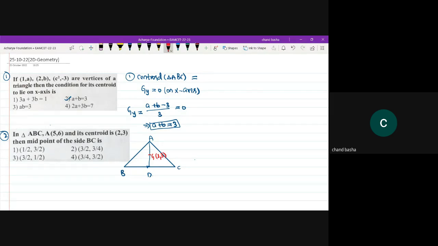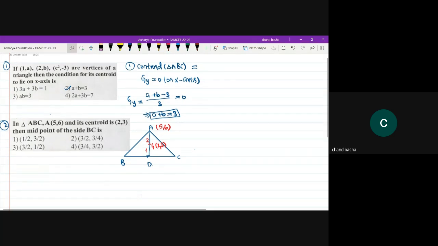Vertex A is also given to you, 5 comma 6. D coordinates will be taken as some x comma y. So we know the process. Samina, am I correct? The centroid G divides each median in the ratio 2:1. Is that the process of doing this question?